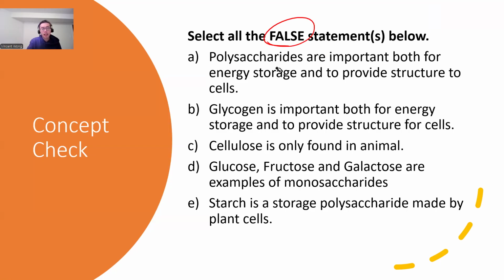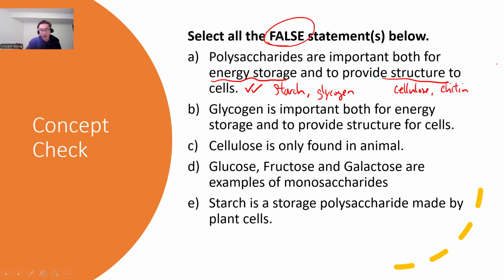Let's see. Polysaccharides are important both for energy storage and to provide structure to cells. That's correct. Energy storage, we have starch in plants and glycogen in humans. Structure, we have cellulose in plants and chitin in crabs.